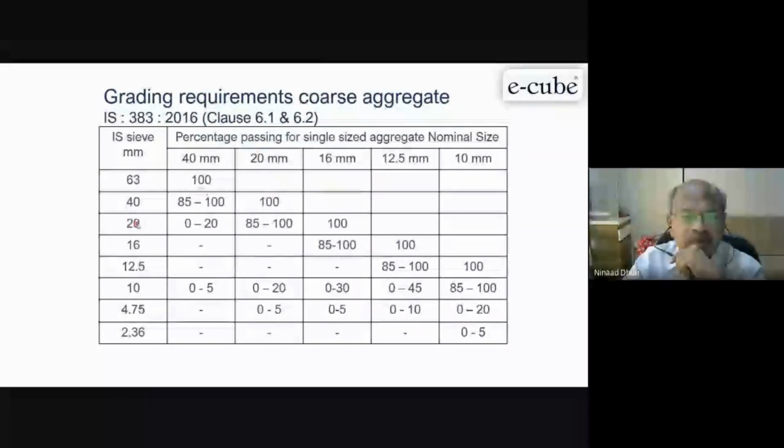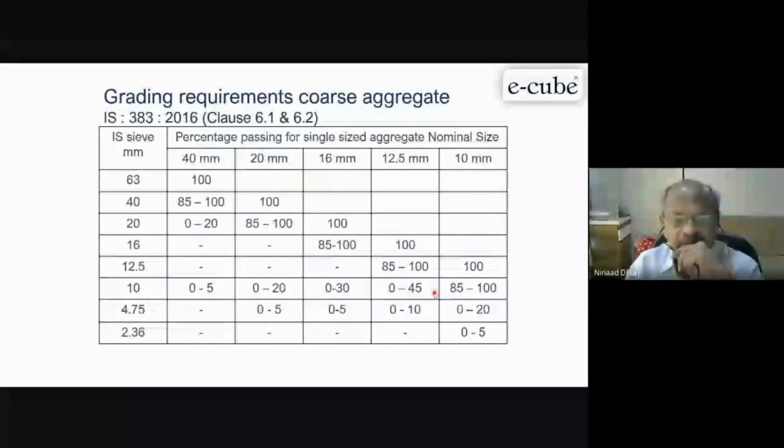So for 20 mm, here 85 means 15% coarser material is allowed. If you see all the gradings here, that is very easy to understand. See 85, 85, 85, 85, 85. And they say 15% oversize of that particular size of aggregate is allowed. This is in single size aggregate.